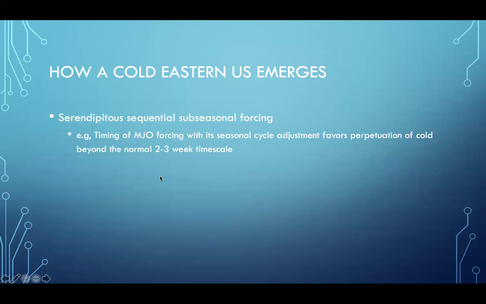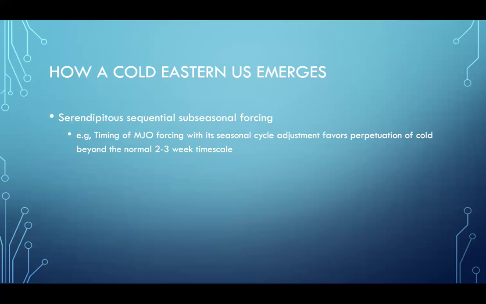Another way you can get cold, what I'll call extensive cold over weeks at a time, is what I'll call serendipitous sequential subseasonal forcing. The timing of the MJO with regard to its seasonal cycle of response patterns can favor perpetuation of cold for longer than the MJO alone would have done.